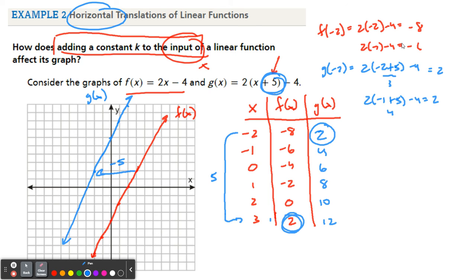We would think plus 5 would mean to the right, but this is actually to the left. So this is a horizontal translation. Again, g of x is 5 units to the left of f of x.